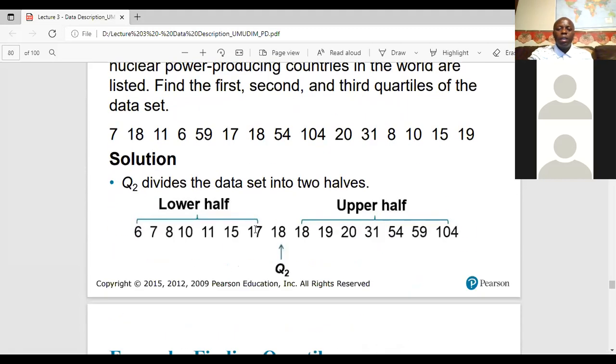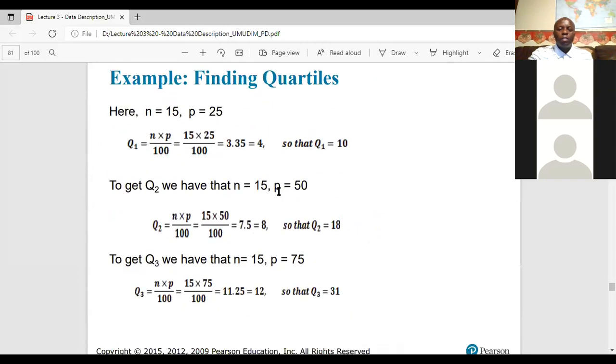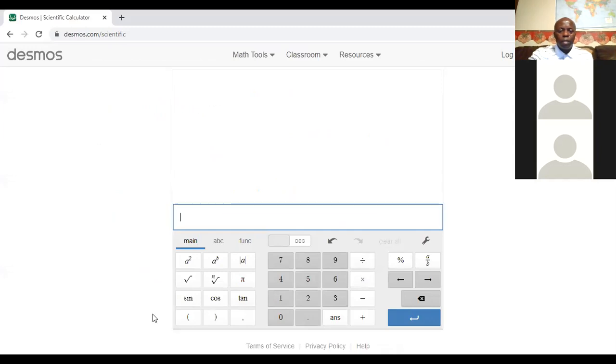So you plug it in: N times P over 100, I mean 15 times 50 divided by 100.